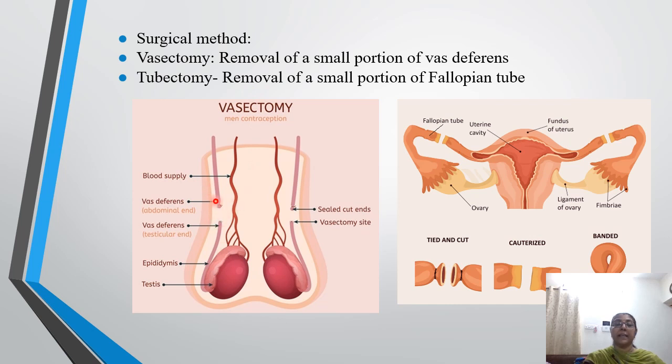Here you can see the image. Cutting a part of the vas deferens is called vasectomy, and for females, disconnection of the fallopian tube results in tubectomy, which is a permanent solution.